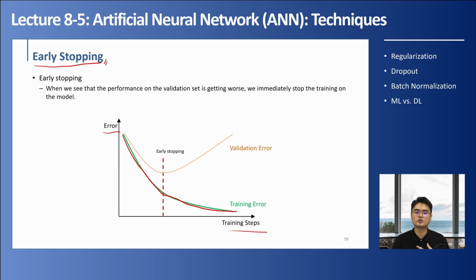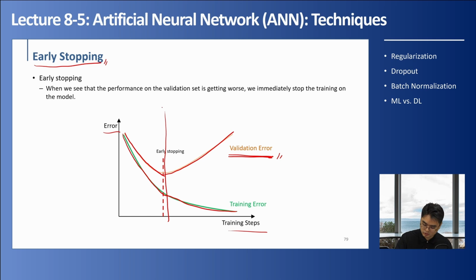However, if we also evaluate our validation error on our validation data samples, we can see that the validation error decreases to some point, but then it increases again, which means that our model is overfitting to the training data sample. We don't want overfitting, because what we want is good performance on totally new test data.